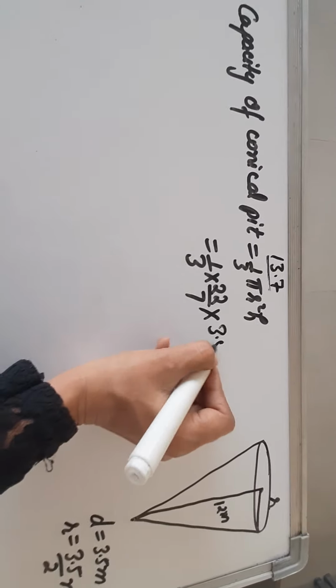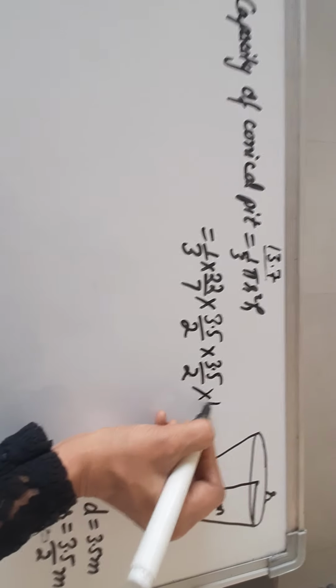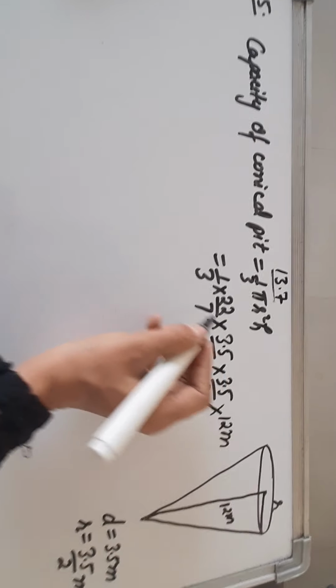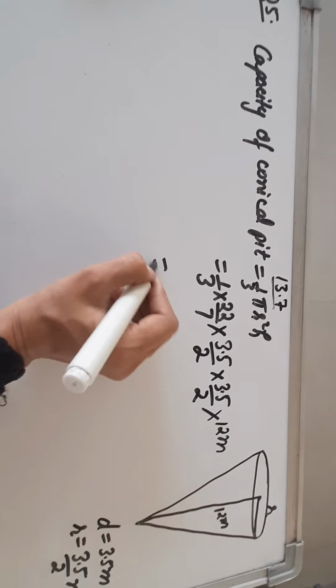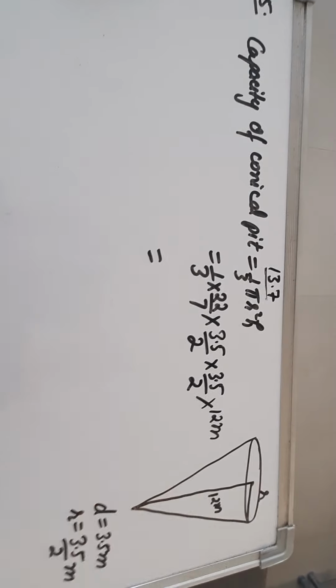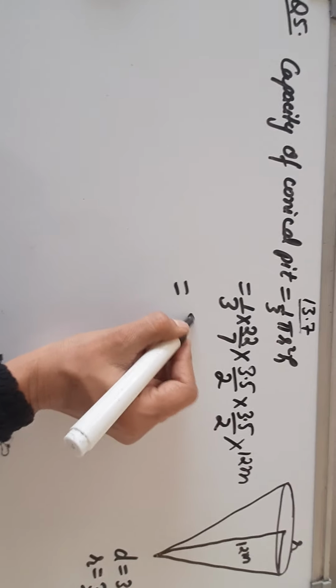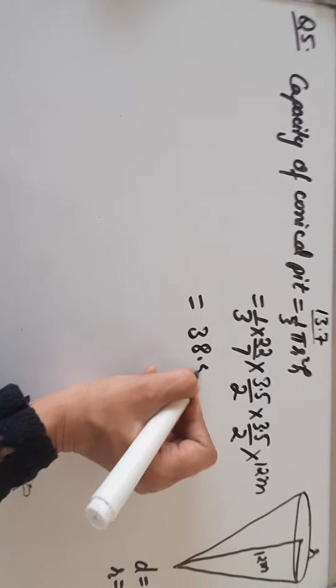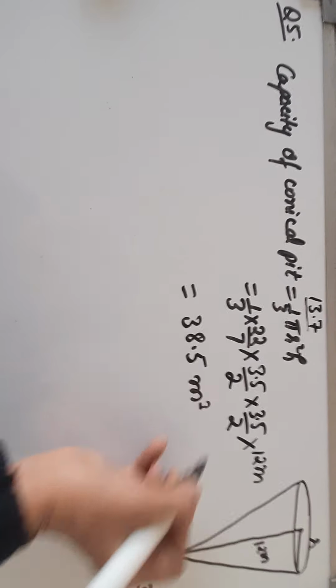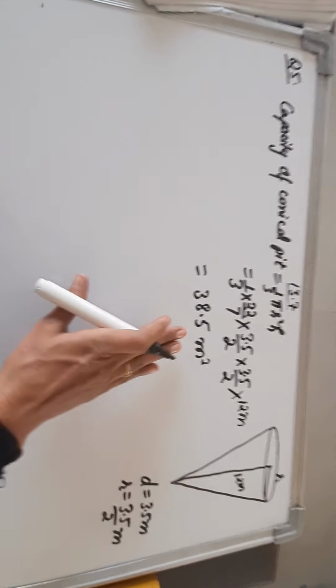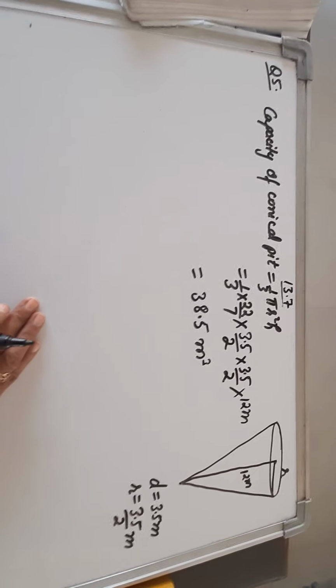So we'll get 3.5 by 2 into 3.5 by 2, as square is there, into 12 meter is the height. Dear students, by solving it, what do we get? We'll get the volume as 38.5 cubic meter.